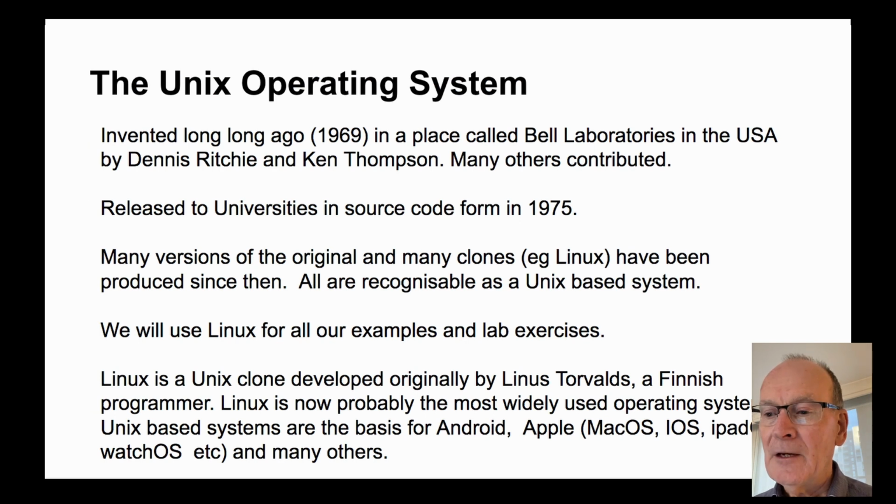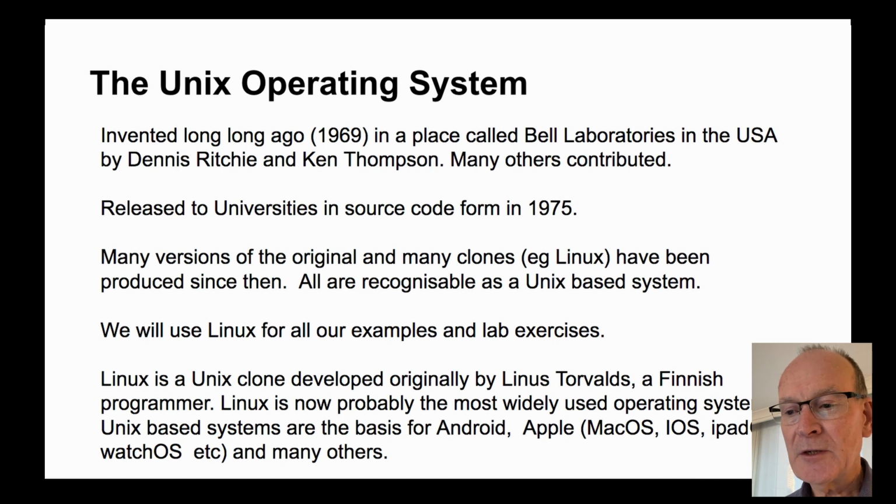Now, many years ago, back in 1969, at Bell Laboratories in the USA, the Unix operating system was developed by Dennis Ritchie and Ken Thompson. There were many others that contributed, but Ritchie and Thompson are the main inventors of Unix.